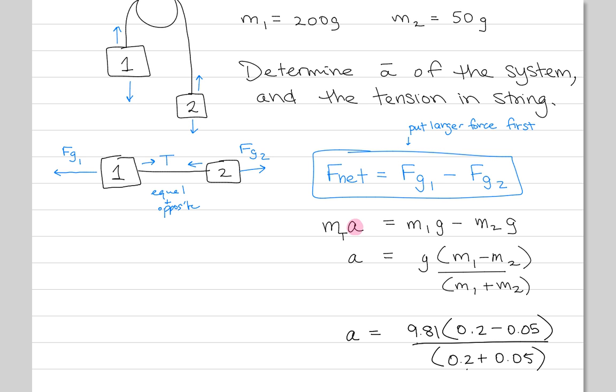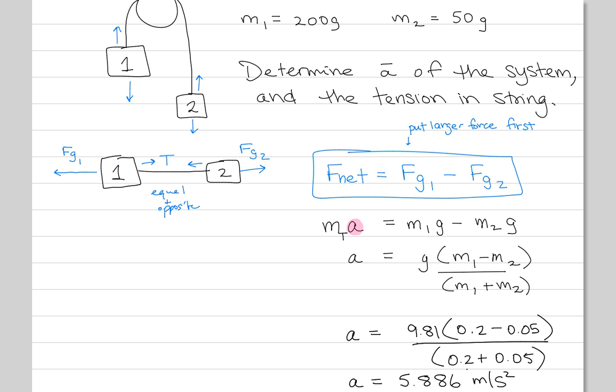So go ahead and punch this into your calculator. Please double check that you know how to punch in an expression that's got brackets and fractions and stuff. So double check that you have the same 5.886 as myself.